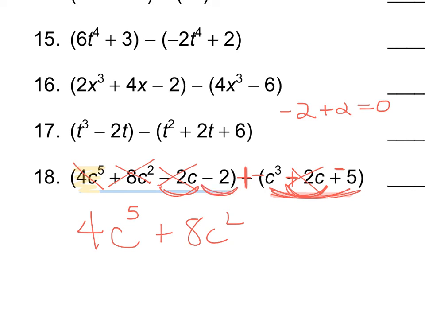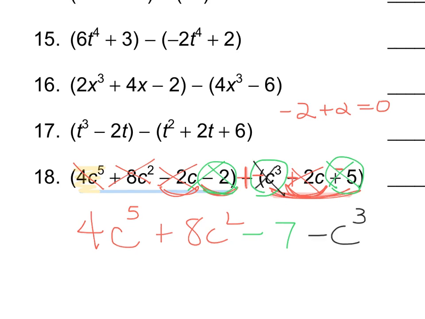I'm going to look for any constants to group it with. So I do have a negative 2 here and a negative 5 here, giving me negative 7. So now I've used those. I never grouped my negative c to the third, so I'm just going to write it in my answer. Now, it's not in standard form, and that's perfectly fine.